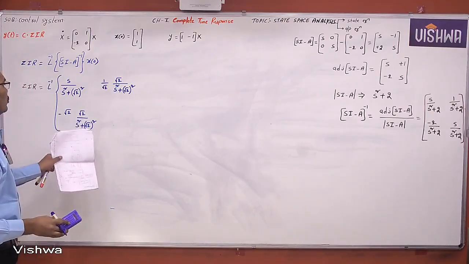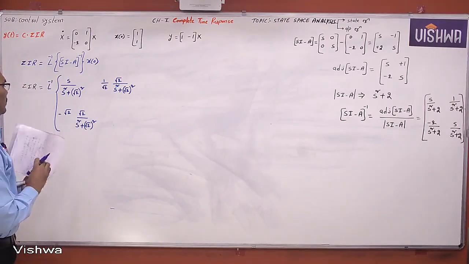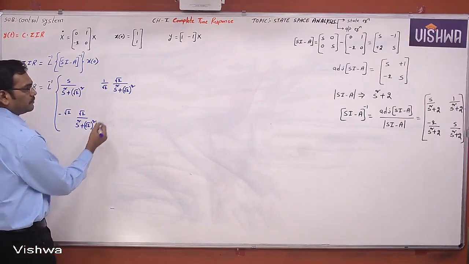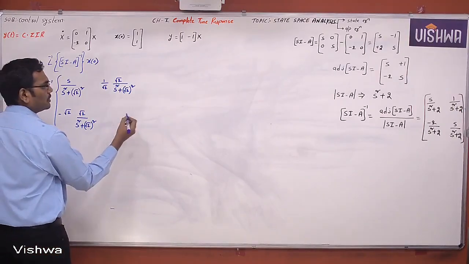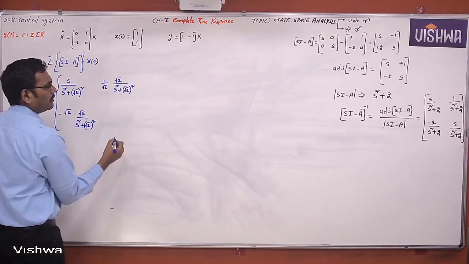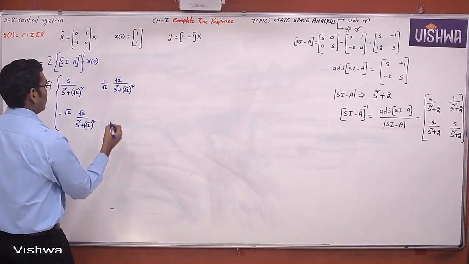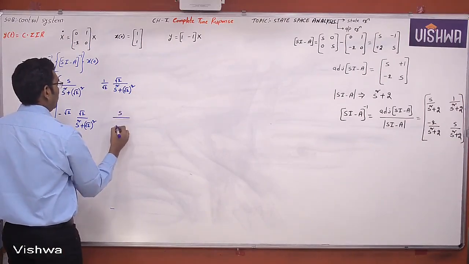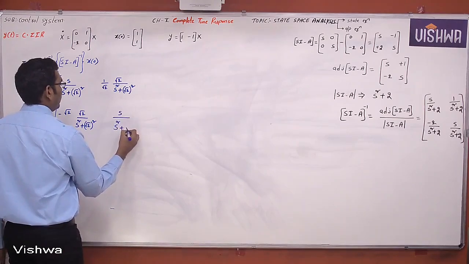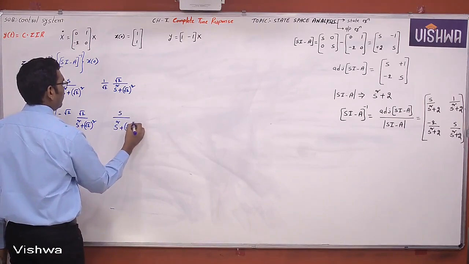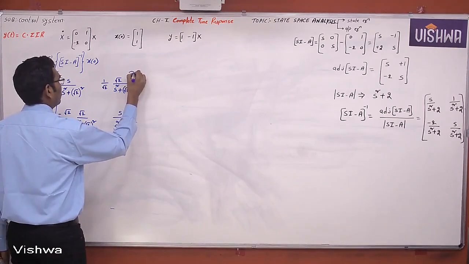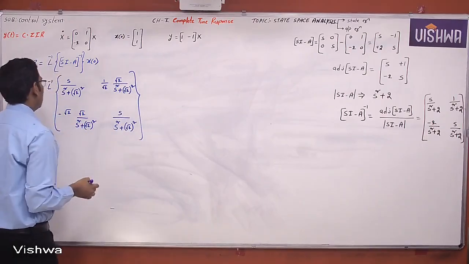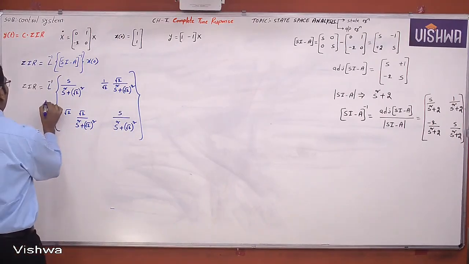Now root 2 into root 2 is 2, that is sufficient. Now this is again s by s square plus root 2 whole square. Now this is the inverse Laplace transformation.